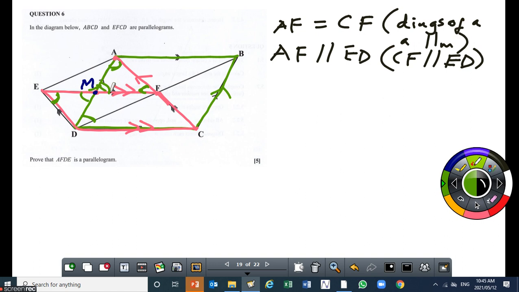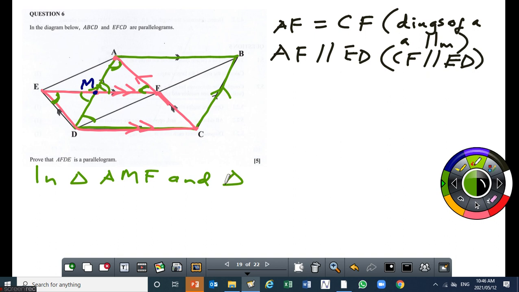So let me write it down like this, number 1. In triangle AMF, and triangle DEM, I'm going to use DEM.